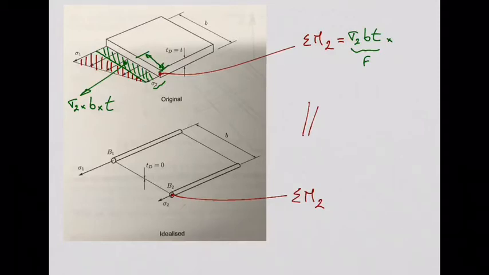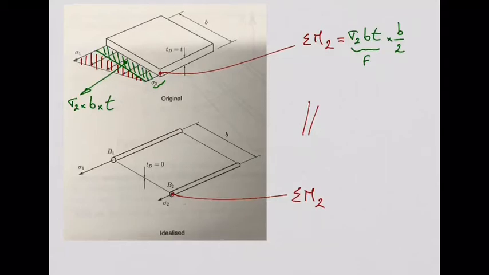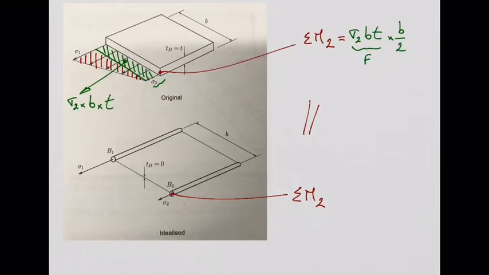Which is B over 2. And then this is the moment produced by this rectangular distributed load about point 2. Okay? Now, I need to add the contribution of this triangular one, the one in red.